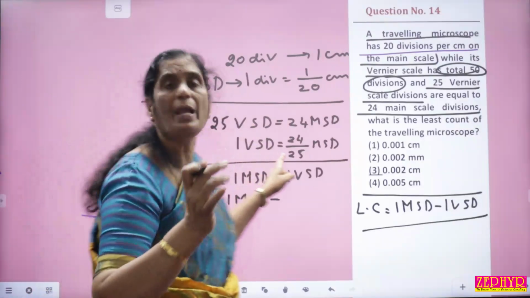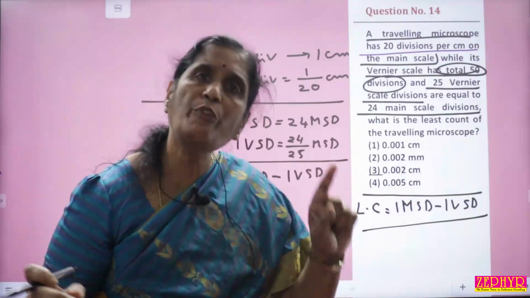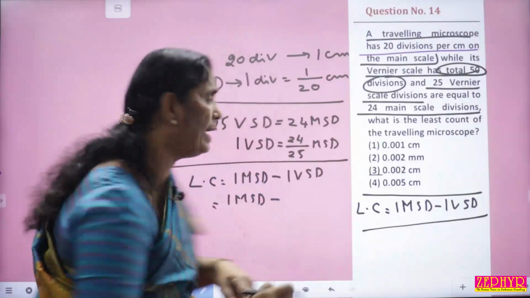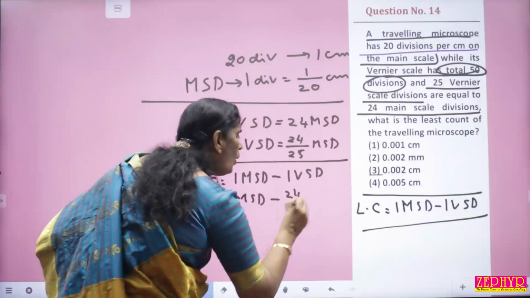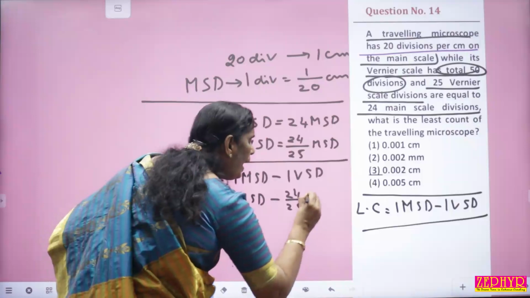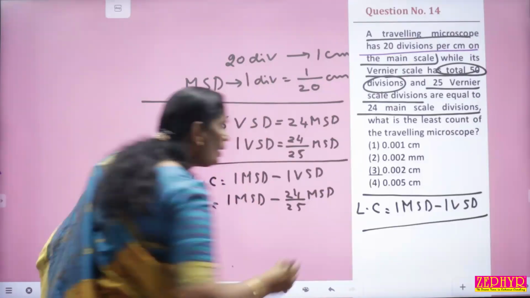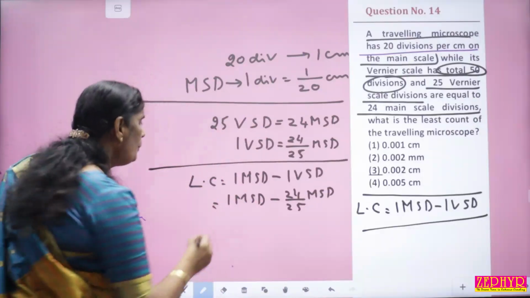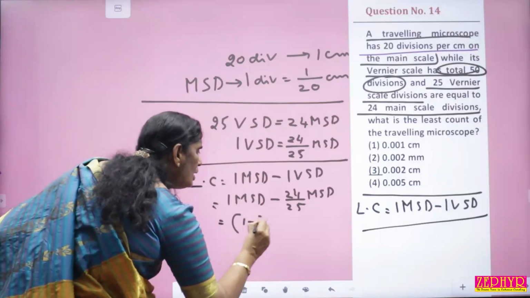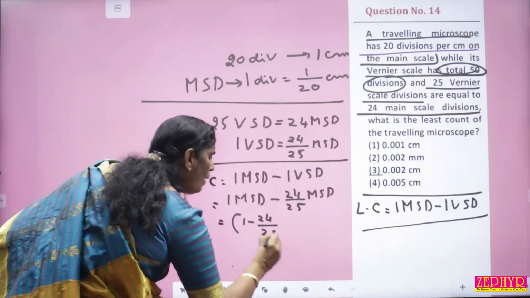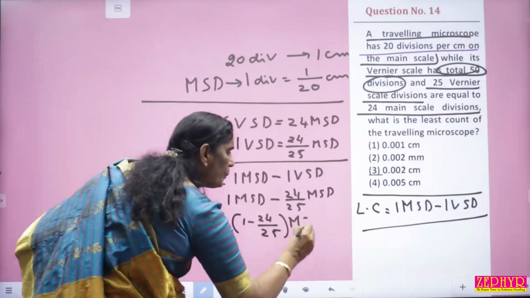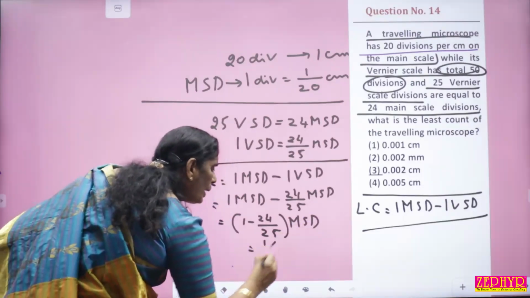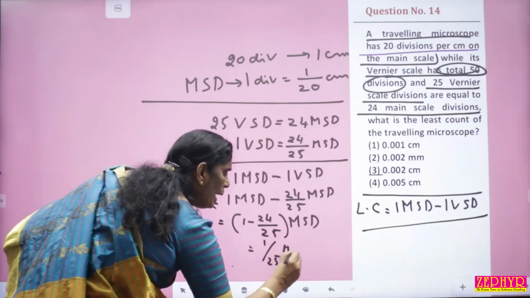What is VSD? Our VSD is equal to 24 by 25 of MSD. Taking MSD common, that will be 1 minus 24 by 25 of MSD. Okay, now that will be 1 by 25 of MSD.